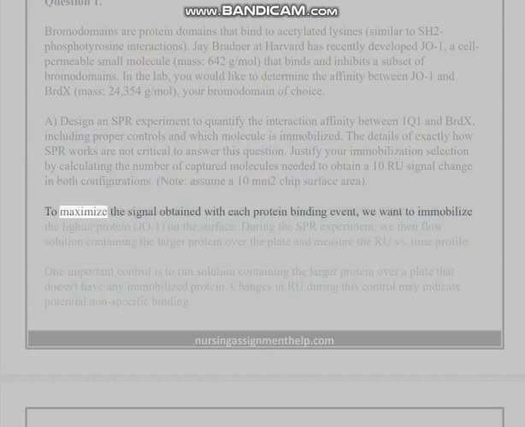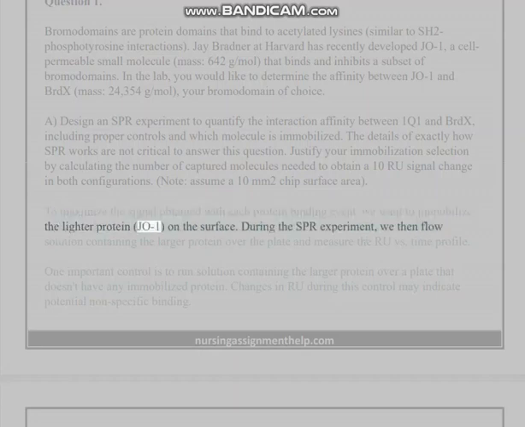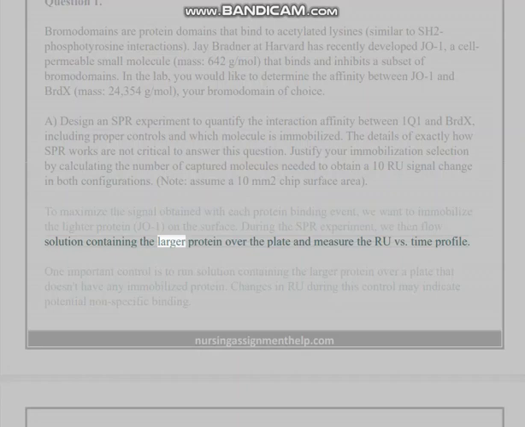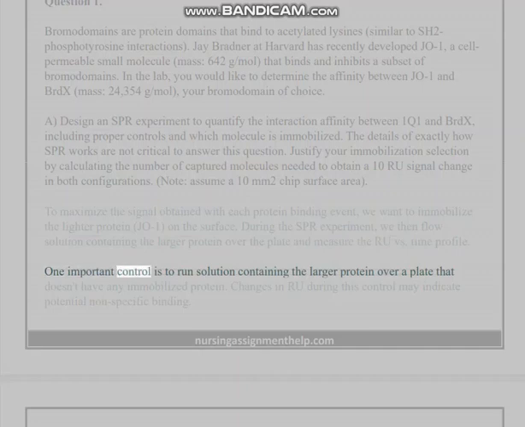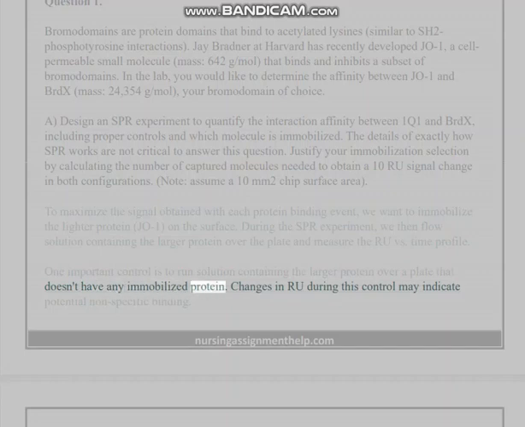To maximize the signal obtained with each protein binding event, we want to immobilize the lighter protein, JQ1, on the surface. During the SPR experiment, we then flow solution containing the larger protein over the plate and measure the RU versus time profile. One important control is to run solution containing the larger protein over a plate that doesn't have any immobilized protein.